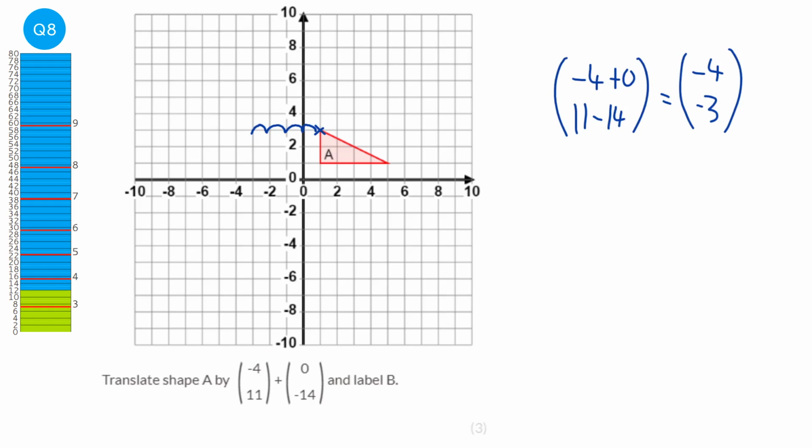Well, it's going to be down because it's a minus 3. So 1, 2, 3. And we can do that for each of the other points. And when we've done that, we can join them all up with straight lines.